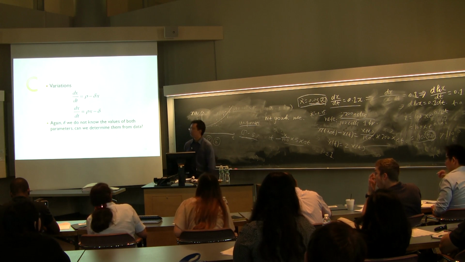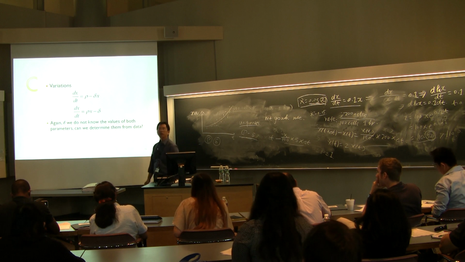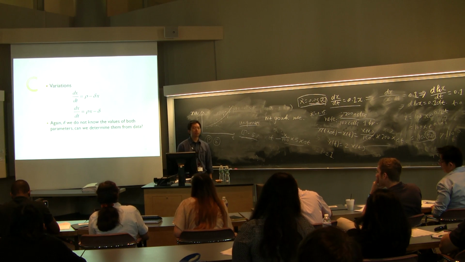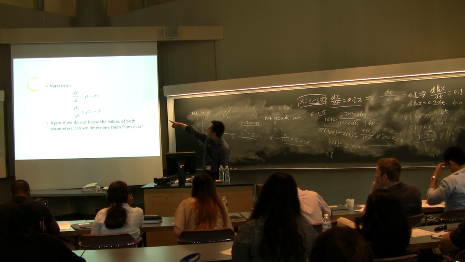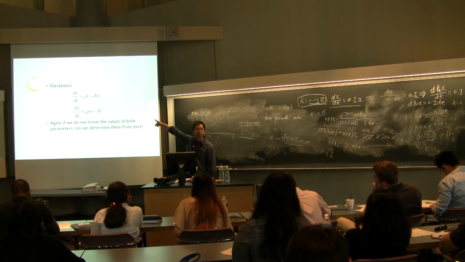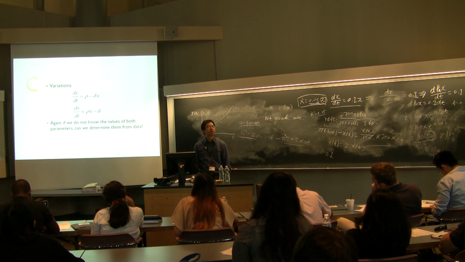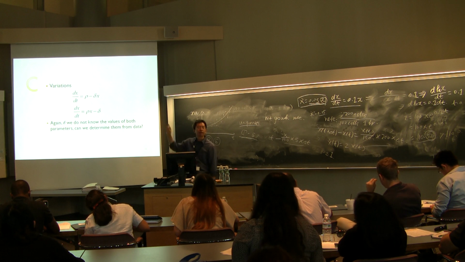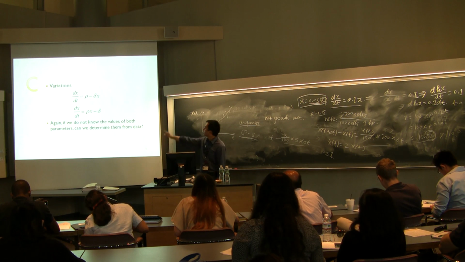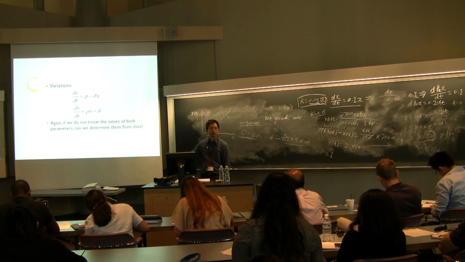We have talked about the exponential growth model. However, there are some variations of this model. You can also write a model like this. The first one has a constant growth rate but an exponential death. The second one has exponential growth but a linear, or constant, death.